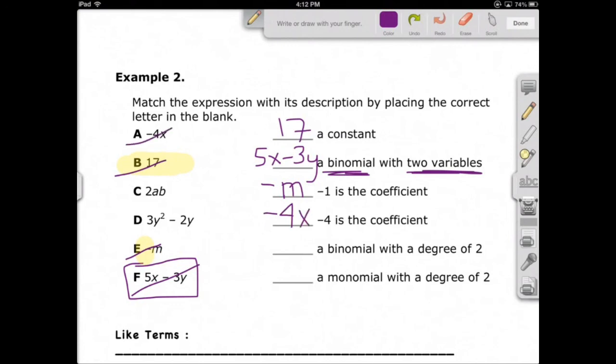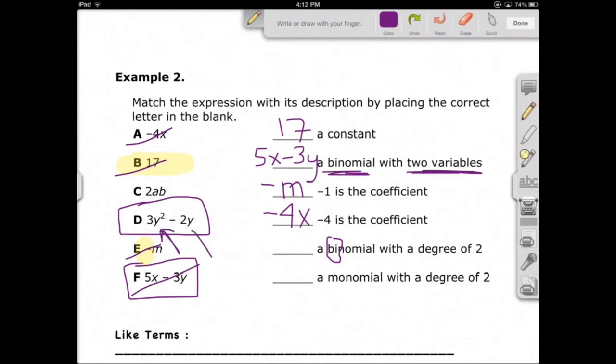A binomial with a degree of 2. Now we look at the last 2 that we have and we say it's got to be a binomial. That means that there are 2 different terms. Well, as soon as I see it, I clue in on this one, because we've got a y squared and a y.